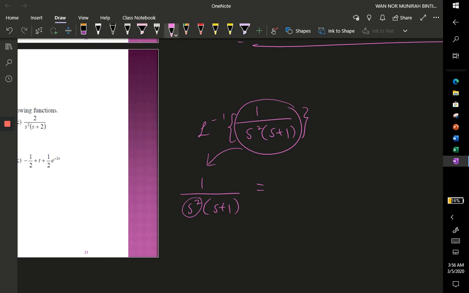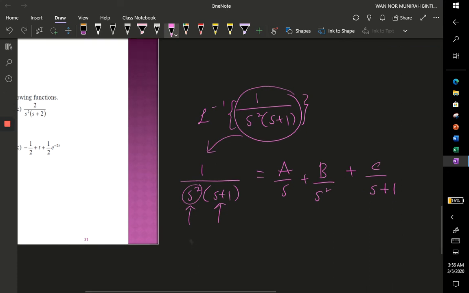So this is a repeated linear factor, and you have A over s plus B over s squared. Plus, s plus 1 is a linear function, so you have C over s plus 1. So how do we cross multiply this one?